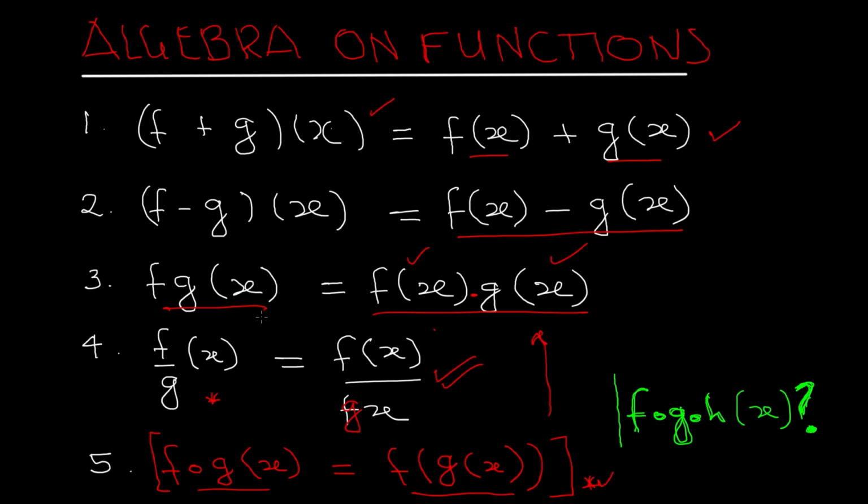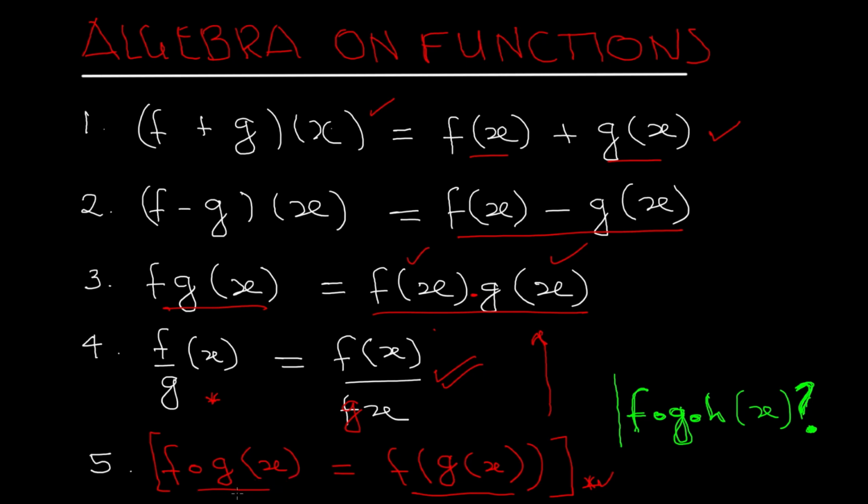The best is to know the structure of this one. So it's (fg)(x), like that. So you know this is multiplication of the two functions, and it can also be set up like f(x) times g(x). If we come here, we can also see that we have f of g(x).